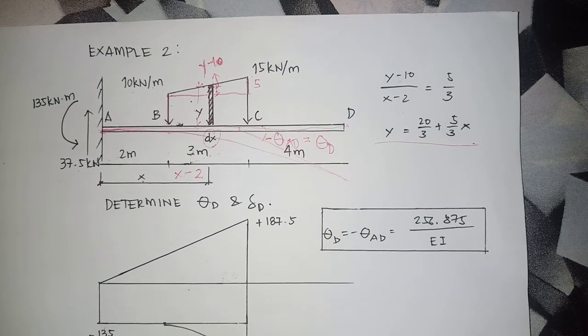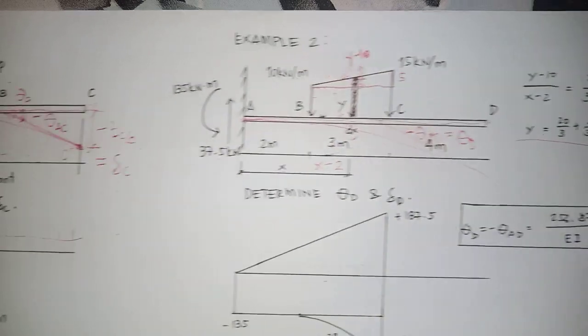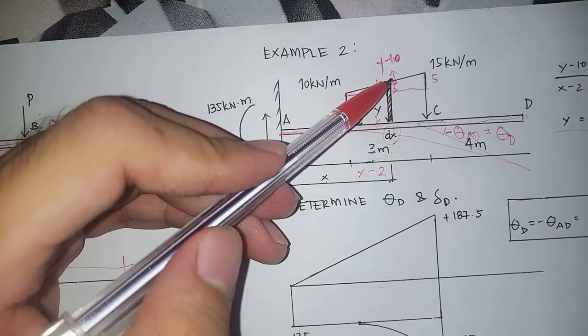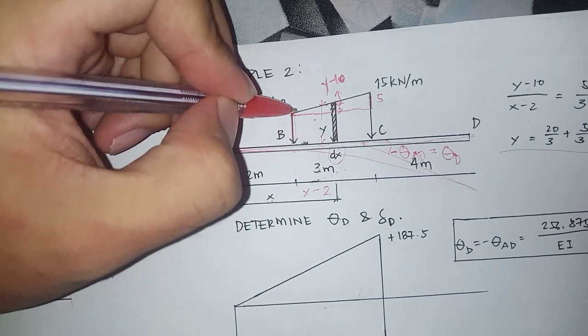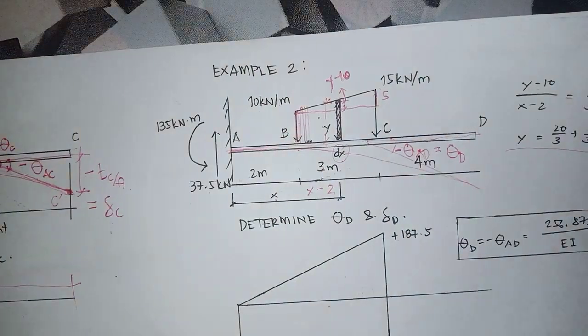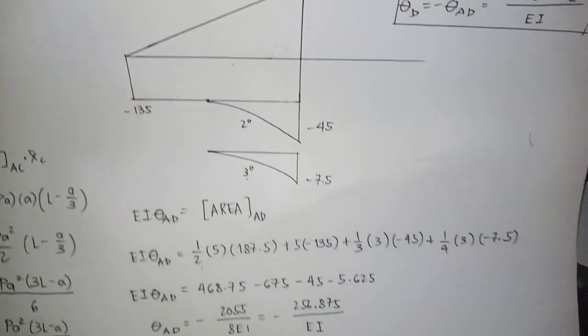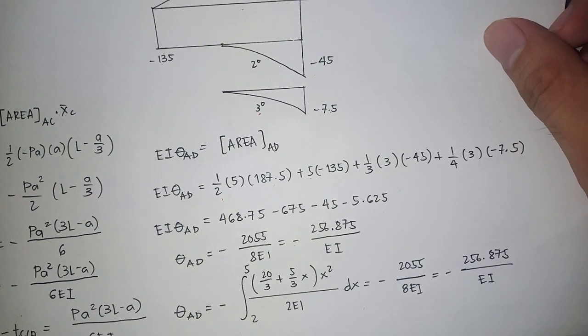So, it can now be treated like the equation in example number 1, a point load or concentrated load. But since this is a series of concentrated loads, side by side, if we divide it into smaller pieces, we sum up the effects. That's why we use integration.